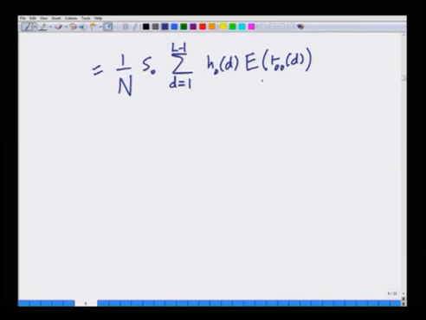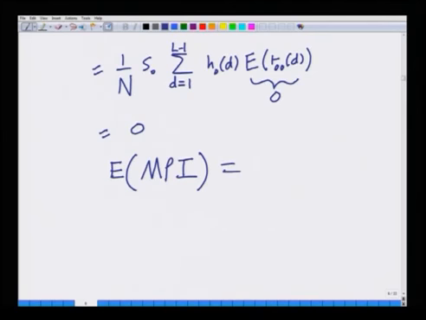But we know expected r 0 0 of d is 0, hence this is the sum of L minus 1 terms, each of which is 0, hence this is 0. Hence, we can say the expected value of this multipath interference is 0.